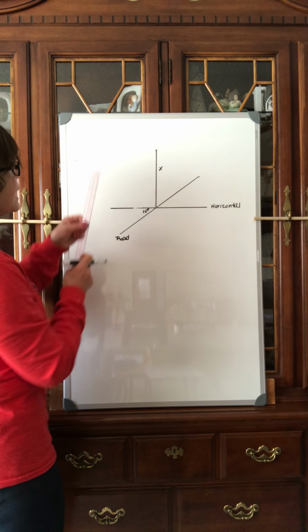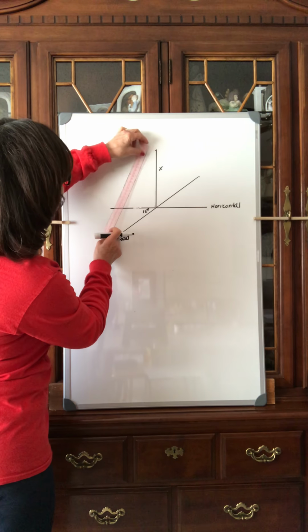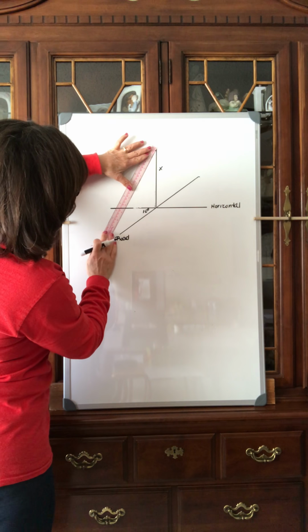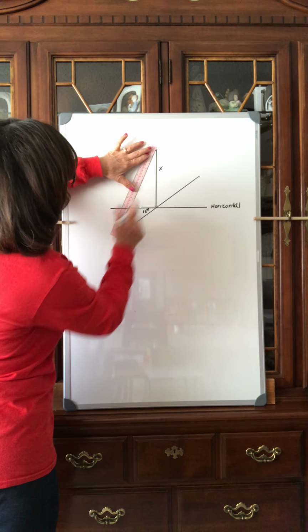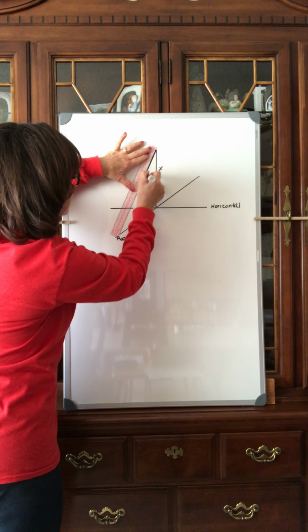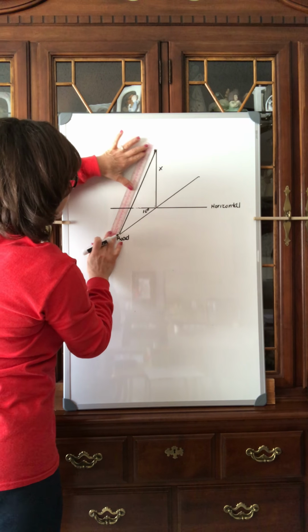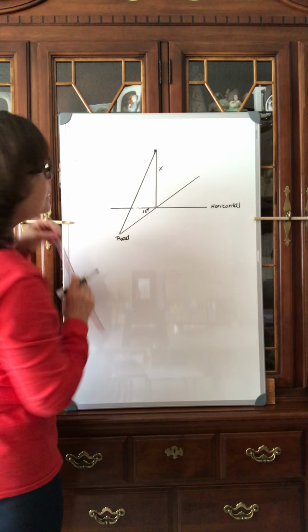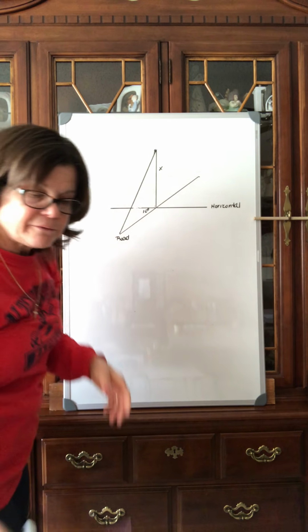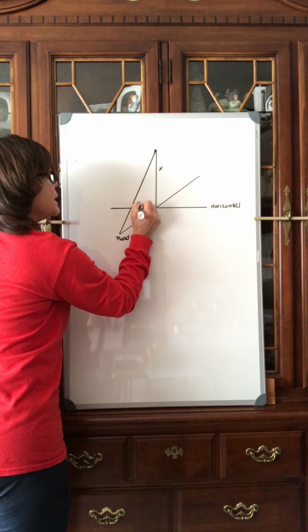When the angle of elevation of the sun is 62 degrees. Now your angle of elevation, guys, is always from the horizontal to the top of something. So what I'm going to do is I'm going to make this into a triangle. My angle of elevation to the top of the telephone pole, my 62-degree angle is going to go right there.